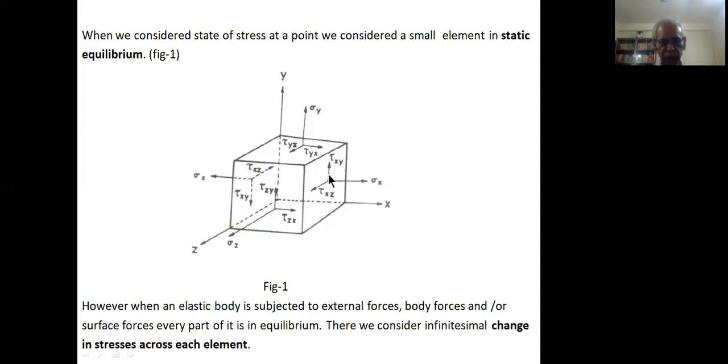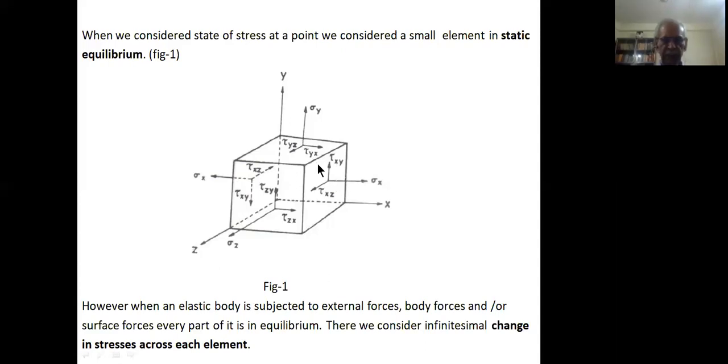And if you look at the right-hand face of the cube, you have got sigma x going from left to right, which balances sigma x on the left-hand face. And similarly, tau xy and tau xz are in the opposite directions of the shear stresses on the left-hand face.